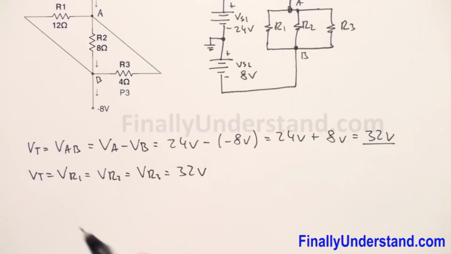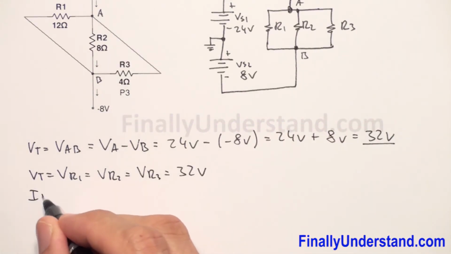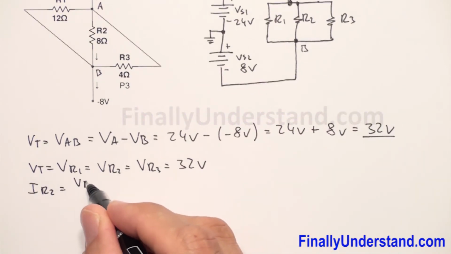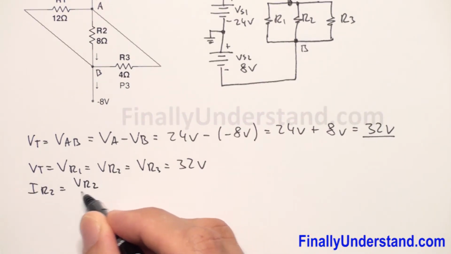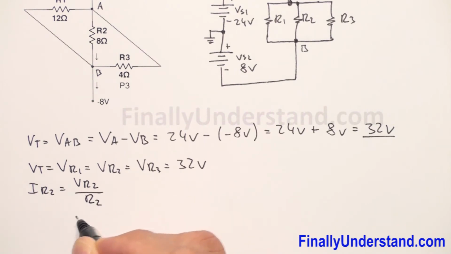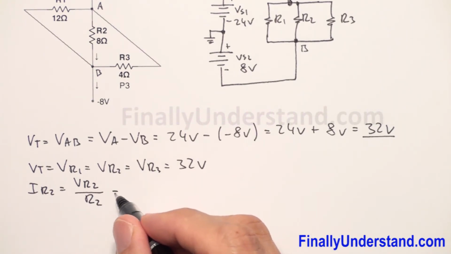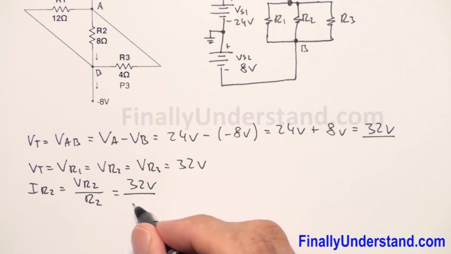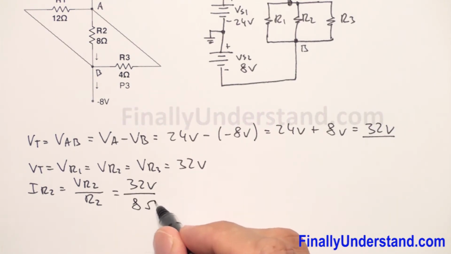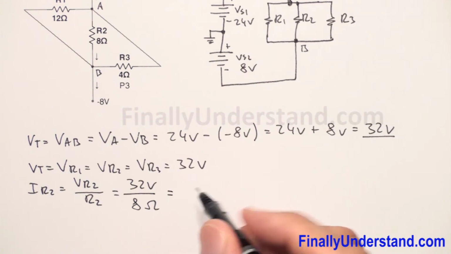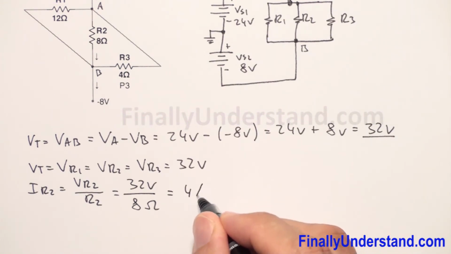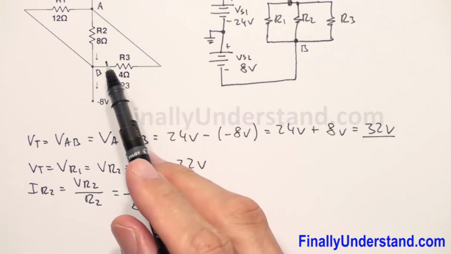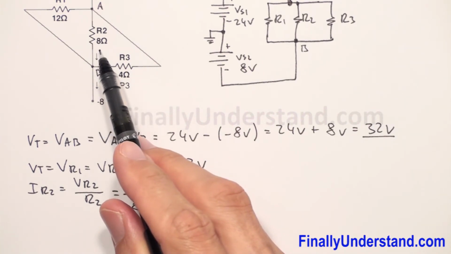If I want to find IR2, I simply use Ohm's law and write V R2 over R2. This is equal to 32 volts divided by 8 ohms, which equals 4 amps. This is the current which goes through resistor R2.